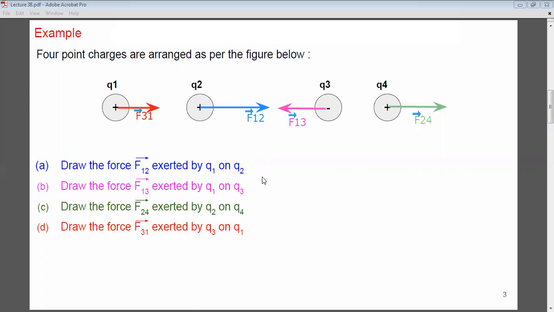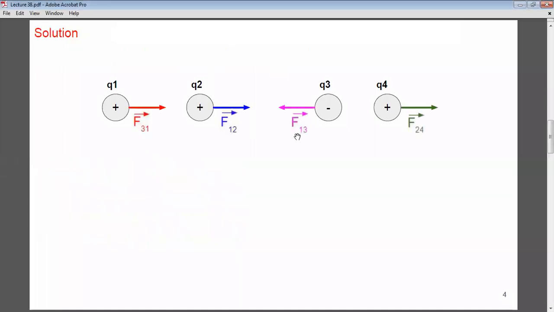So as easy as this, we just have to see if both charges have similar charge, they will repel. If they are opposite charge, they will attract. And then if it's by Q1 on Q2, so we have to see which on which one, okay? So this is the solution.